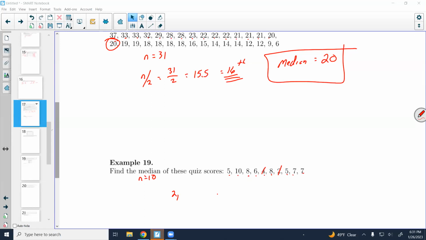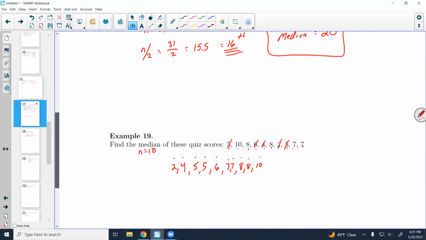Then 4, 5, 5, 6. Oh, there's two 5s. Then 6. Then there's two 7s, two 8s, and a 10.